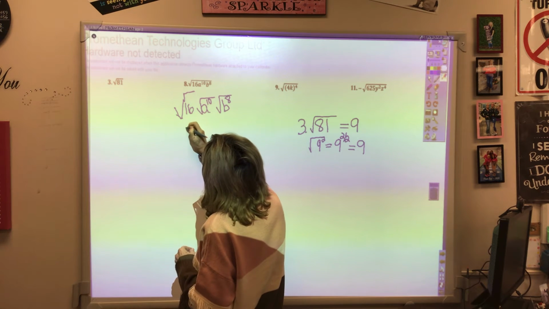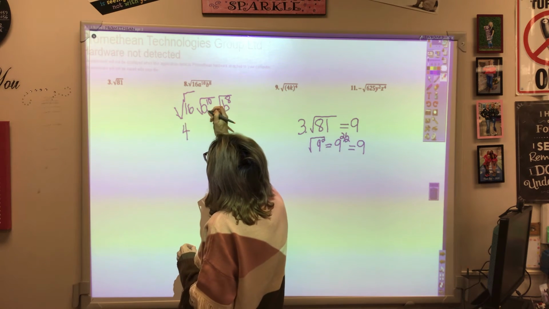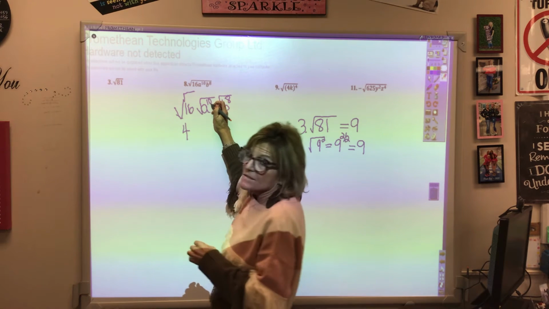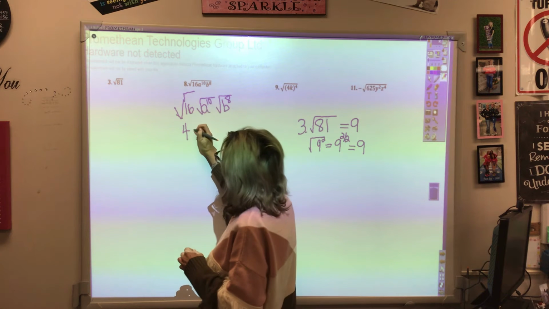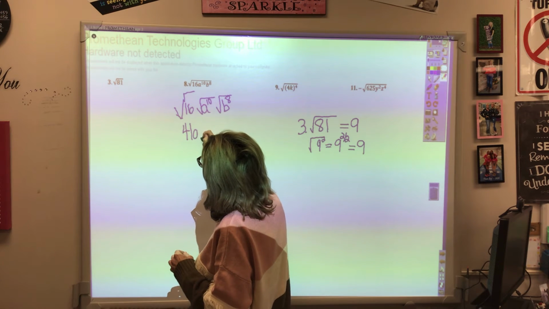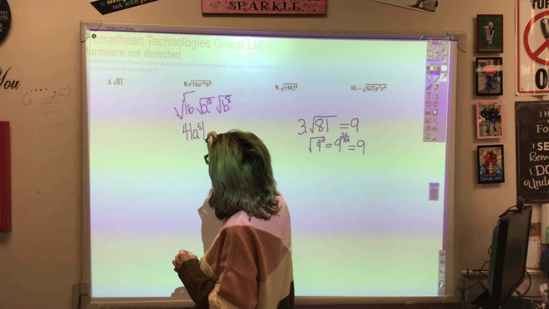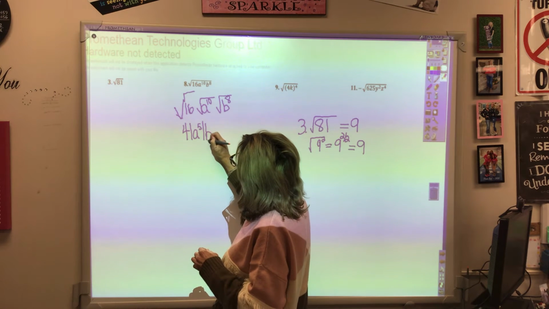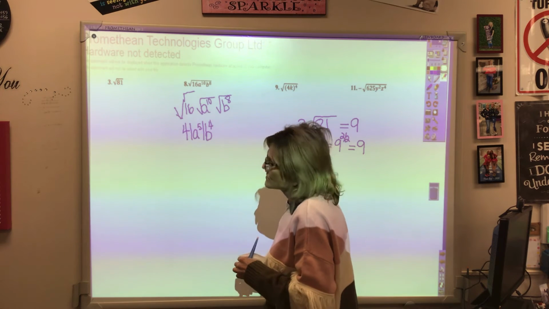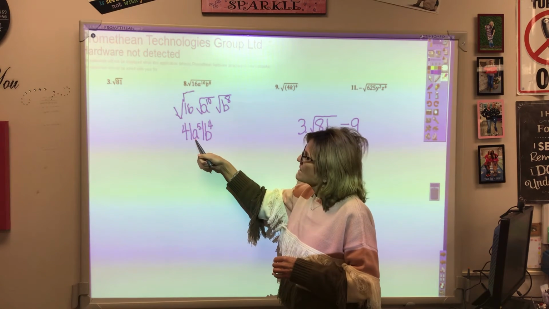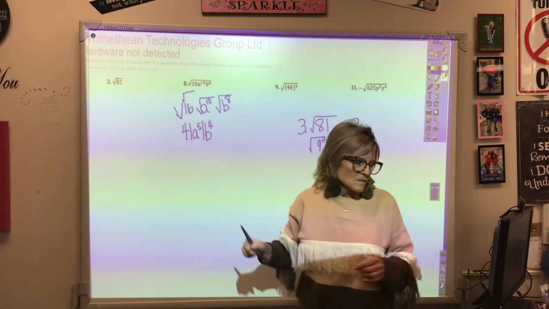Well, the square root of 16 is 4. 10, notice, is even, divided by 2, since we're taking the square root, would make it the absolute value of a to the 5th. And then b would be 8 divided by 2, which is b to the 4th. So 4, absolute value of a to the 5th, b to the 4th.